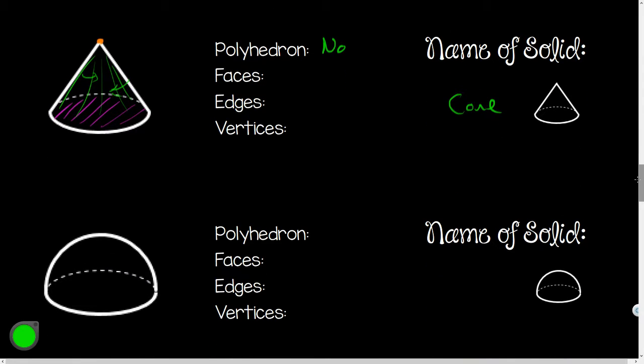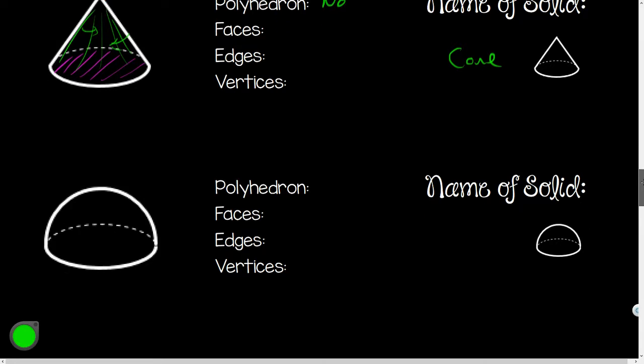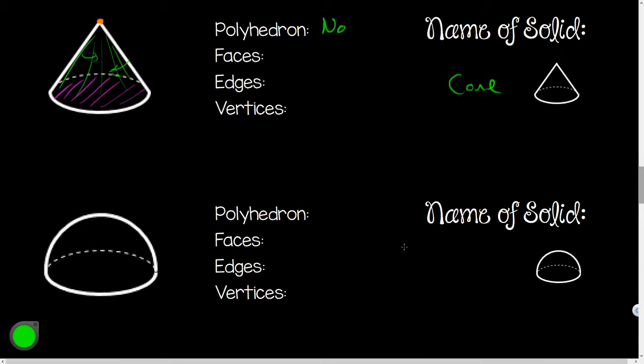And let's see, here's another object. This one's kind of like a sphere. That's the last one in our packet. This is called a hemisphere. Perhaps if you know your geography, you're familiar with it: northern and southern and western and eastern hemispheres.